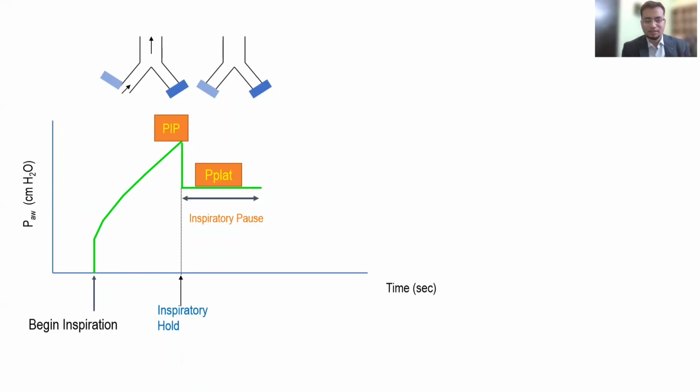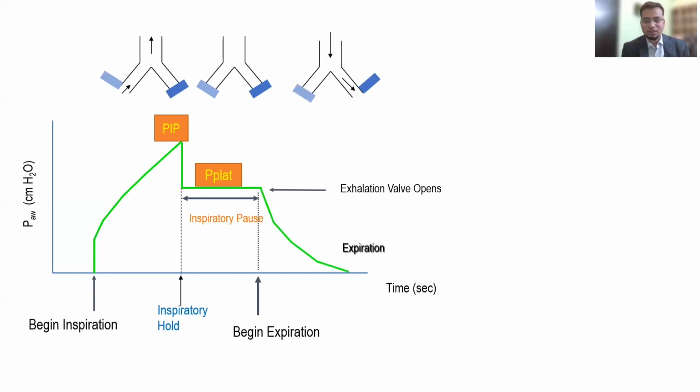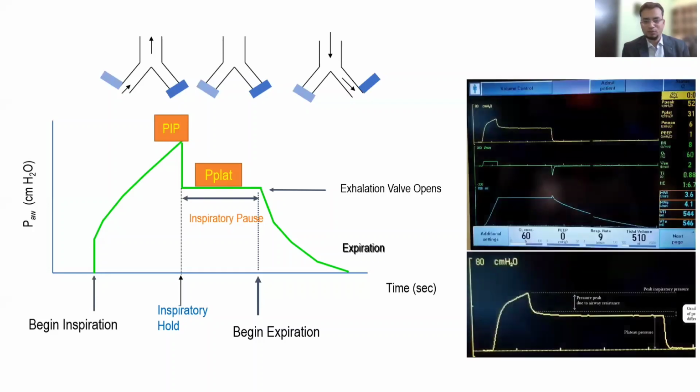We will understand it in detail after some time. Now, following the inspiratory pause, expiration starts with opening of the exhalation valve. At the end of expiration, airway pressure reaches a minimum value and the expiratory valve closes. Sometimes to know the plateau pressure, an inspiratory hold maneuver is performed by pressing a button for a few seconds.